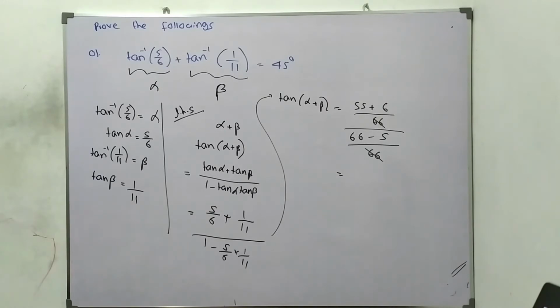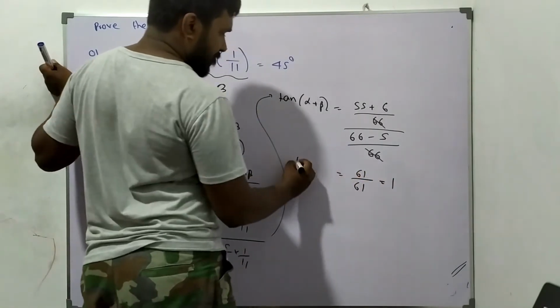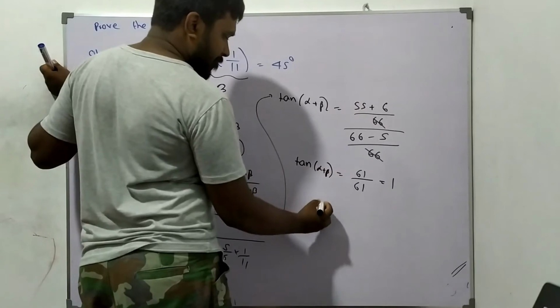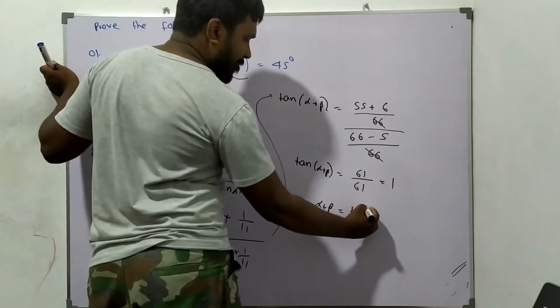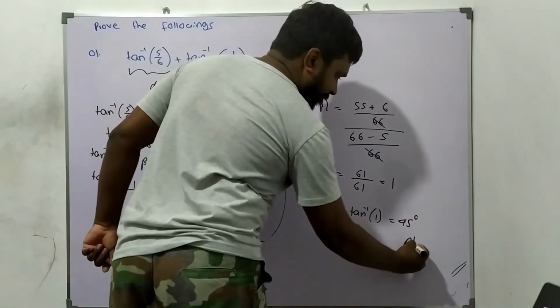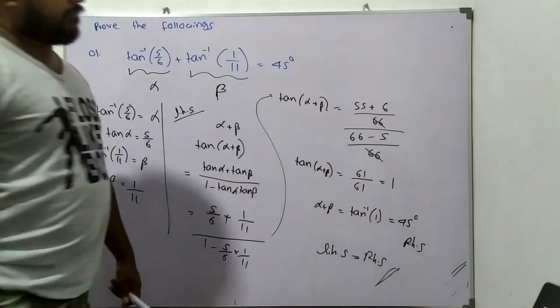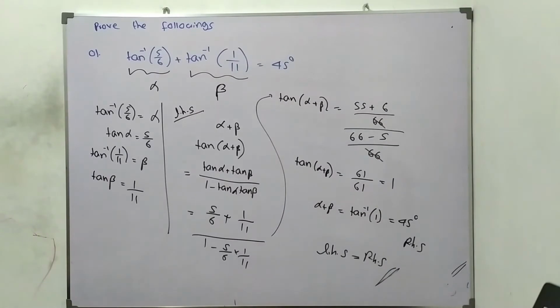It's 45 degrees, so tan inverse 1 means 45. This is my RHS, and so the left hand side and RHS are equal now. So we have proved it.